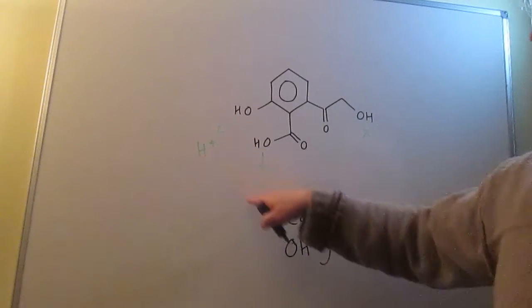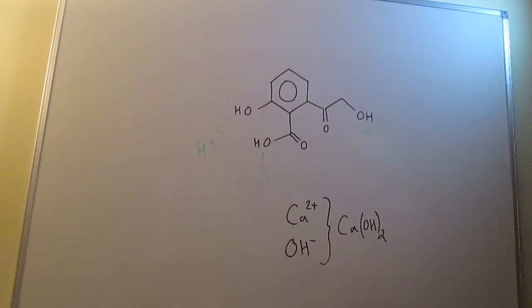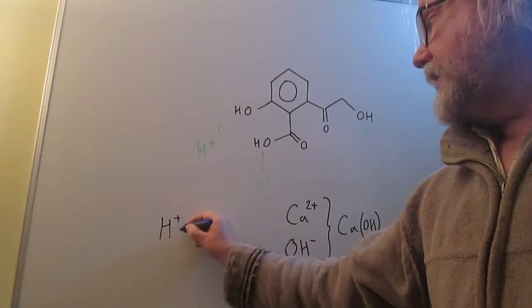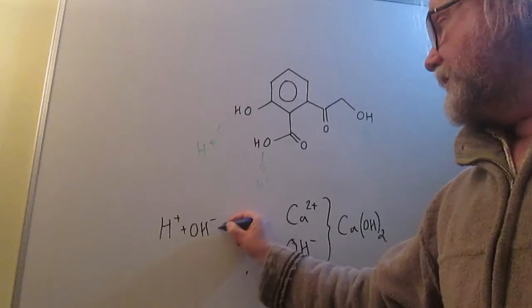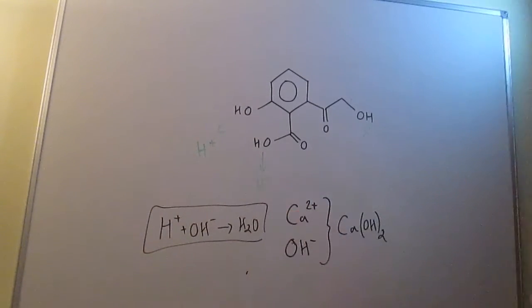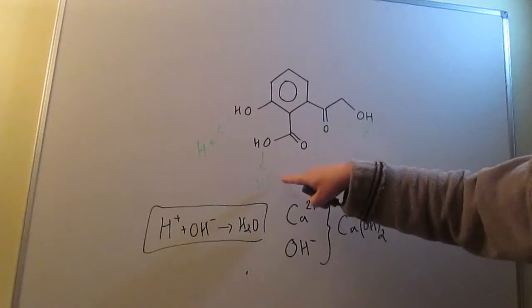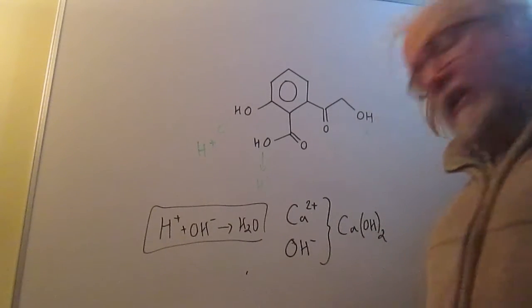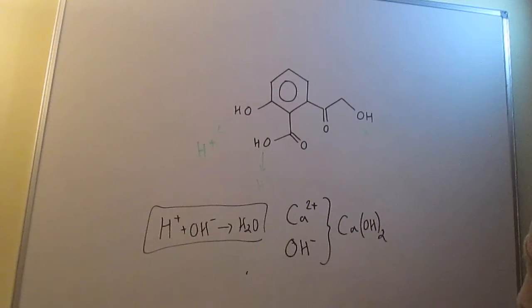So we've got 2 moles of H+ from our acid, 2 moles of OH- from calcium hydroxide, and therefore it's going to be a 1-to-1 reaction because the acid-base reaction is just H+ plus OH- goes to H2O. So 2 moles of H+ per mole of this, 2 moles of OH- per mole of calcium hydroxide, so the moles that react will be equal, and therefore the answer is B.